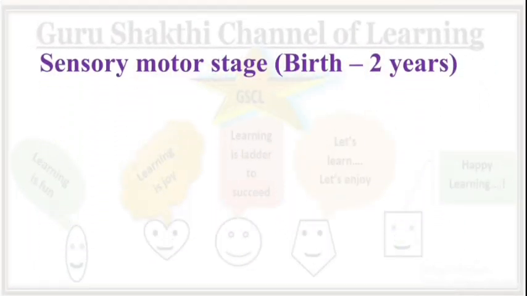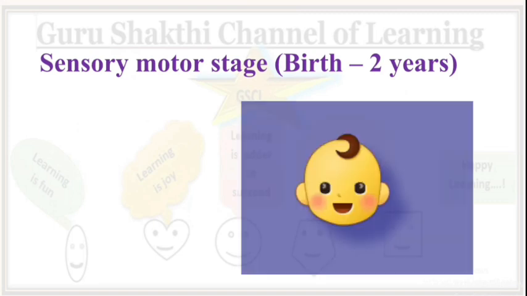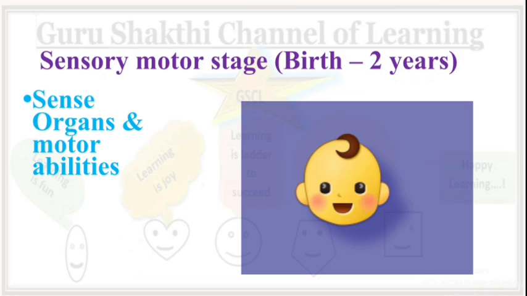Let's begin with the first stage, the sensory motor stage. It comprises the time period from birth to approximately 2 years. At this stage of life, the infant perceives the world through all the sense organs and its motor abilities.